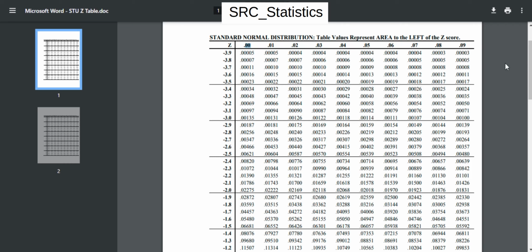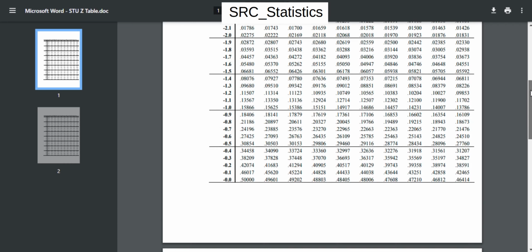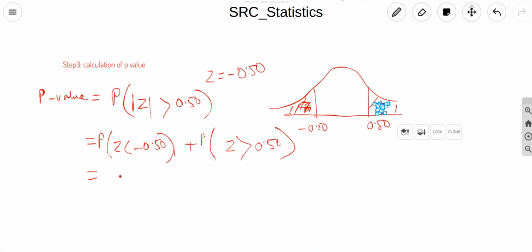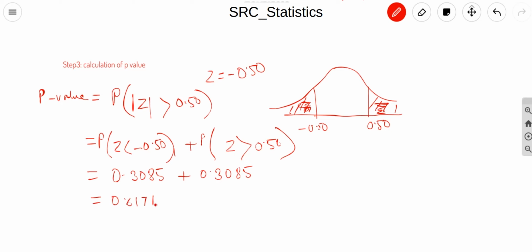This gives us Z equal to negative 0.50, and the intersecting cell is 0.30854. This is the area to the left of Z equal to negative 0.50. We write down 0.3085 from the standard normal table, and the same area is for Z greater than positive 0.50. Adding, we get 0.6171. This is the p-value.